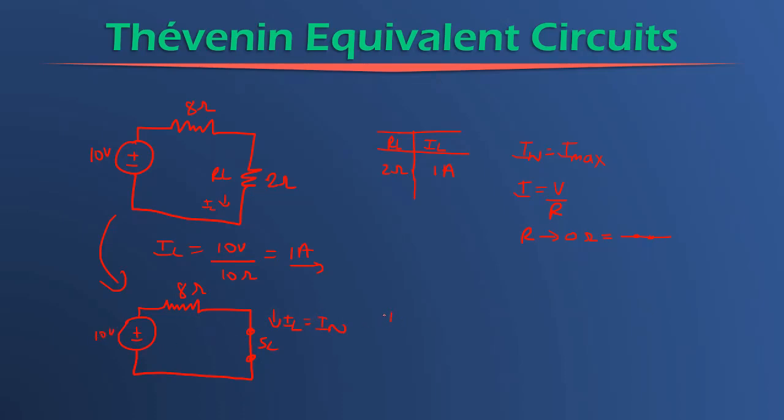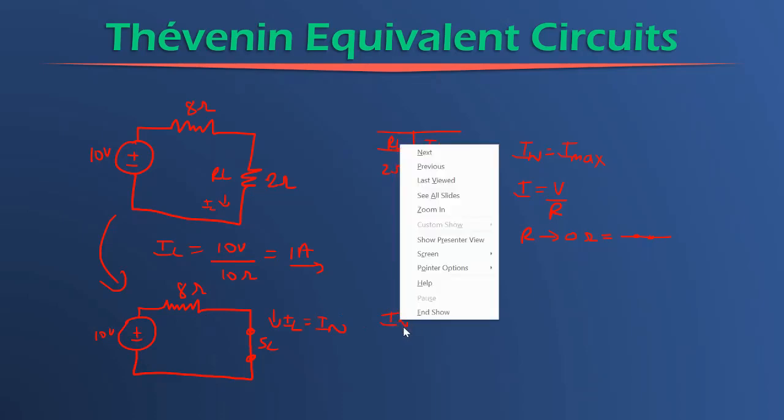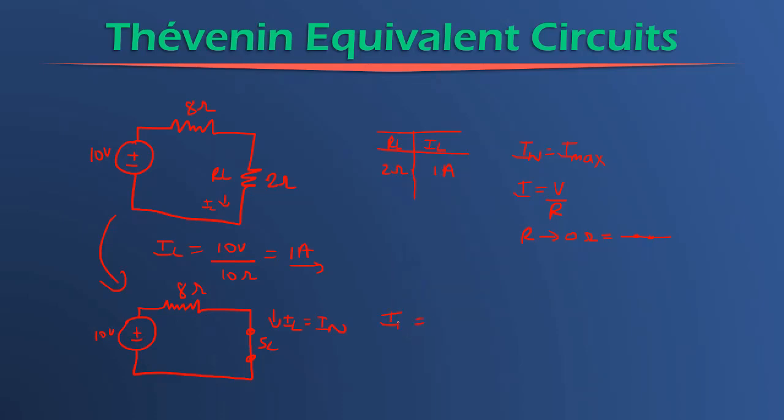So in this case, I Norton is going to give me the full voltage, 10 volts, divided by 8 ohms. And this value, when the load resistor is 0 ohms, will then be 10/8, which as we can see is larger than the 1 amp that is indicated there.